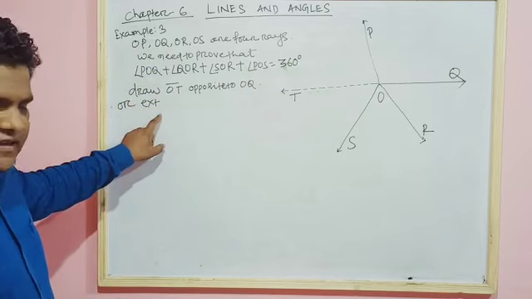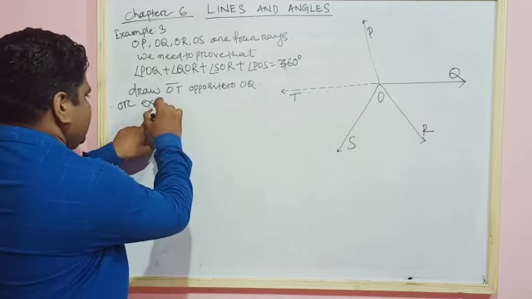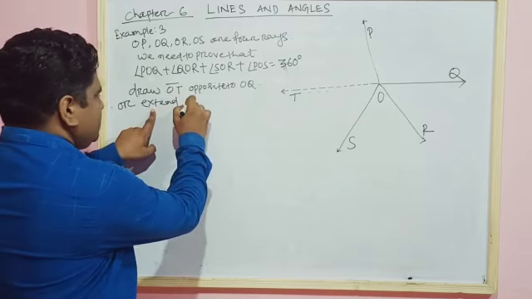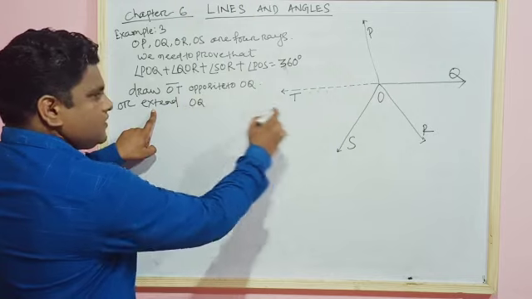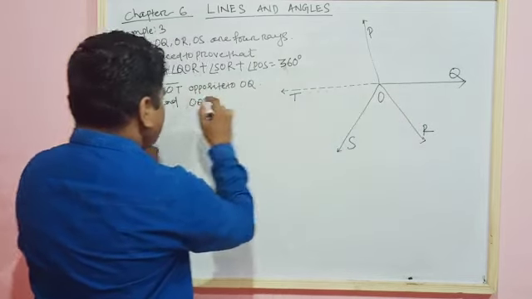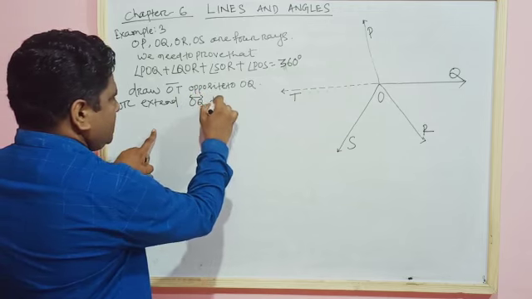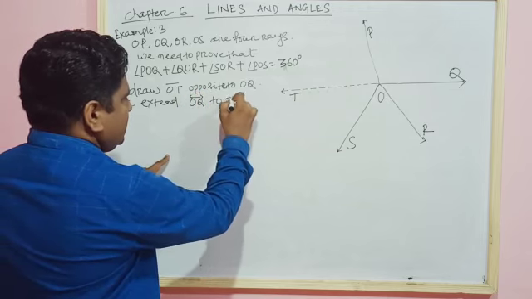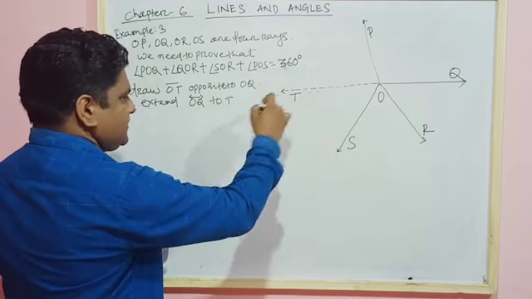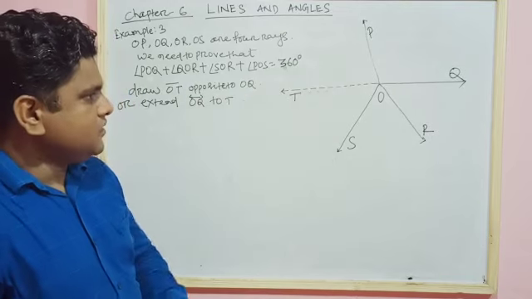We can also write this as: extend QO on this side, QO or OQ to T on this side.